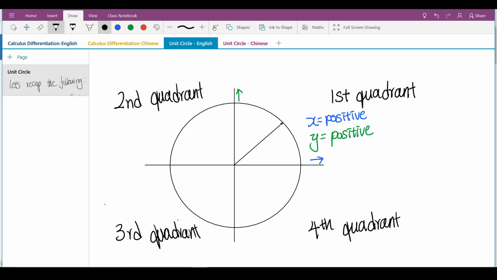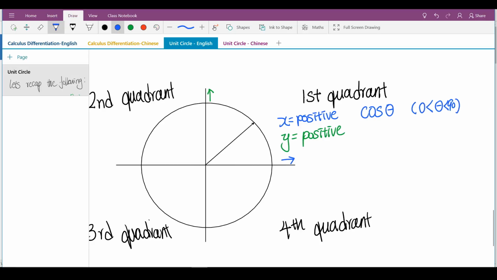So we know in the first quadrant that all the x values and y values are positive. So therefore, cos theta, given that theta is between 0 and 90, which is in the first quadrant, is positive.